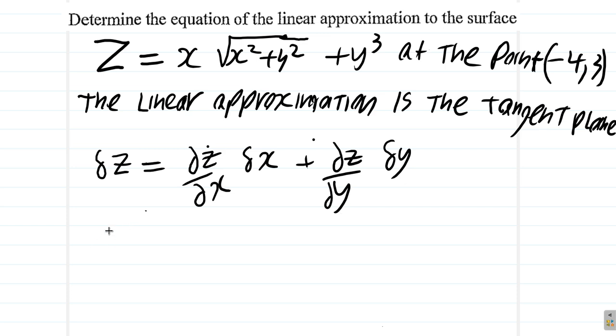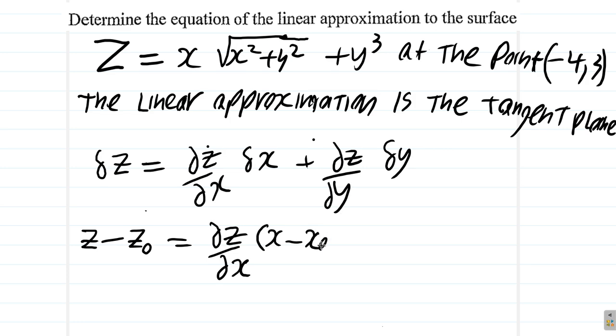Now, the change in z is z minus z0, equal to the rate at which z changes with x, times the change in x, which is x minus x0, plus the rate at which z changes as y changes, times the change in y, which is y minus y0, a particular value of y, right?